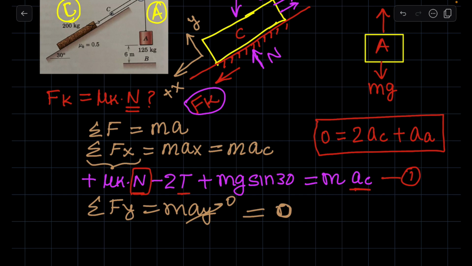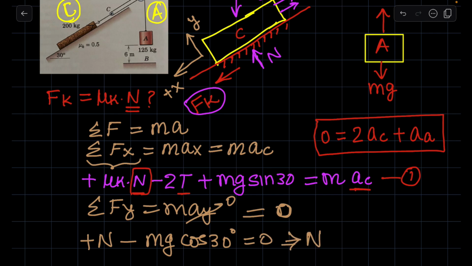Here I can see that the normal force N minus mg cos 30 is equal to 0. So we can simply find N, because we already know m of this body. It is 1699 Newton.